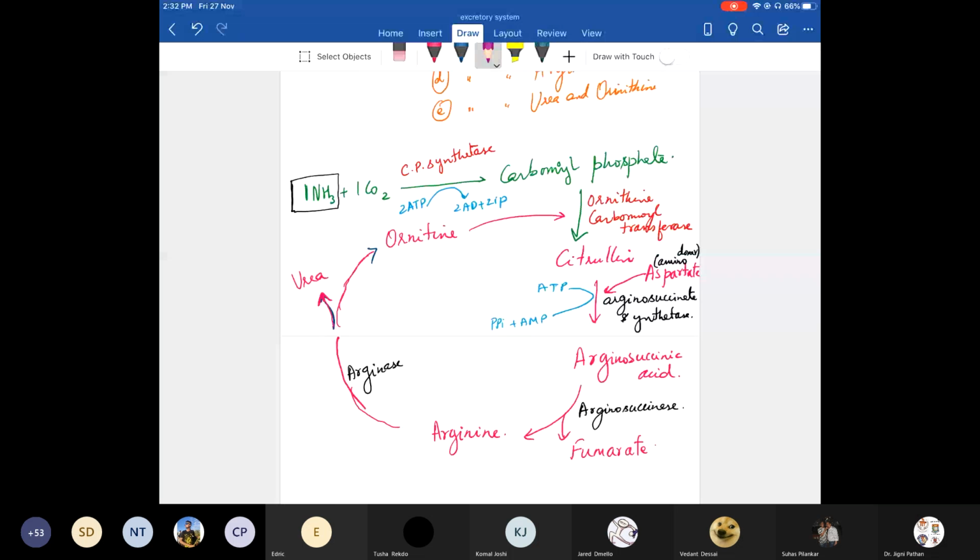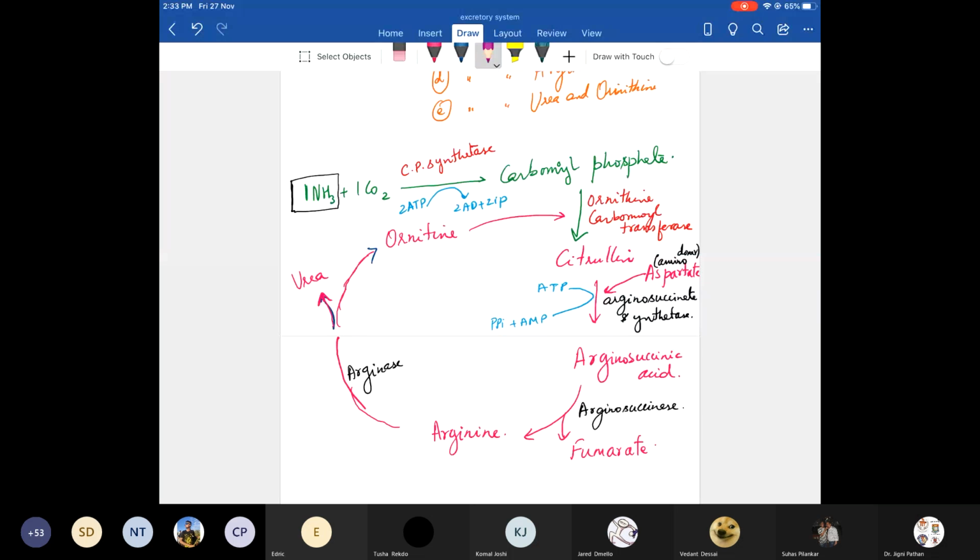Okay, so the ornithine cycle is the one that helps in the conversion of ammonia to urea. How many molecules of ammonia are converted to form urea? It's a cyclic process. Why is it called cyclic? Let us study.